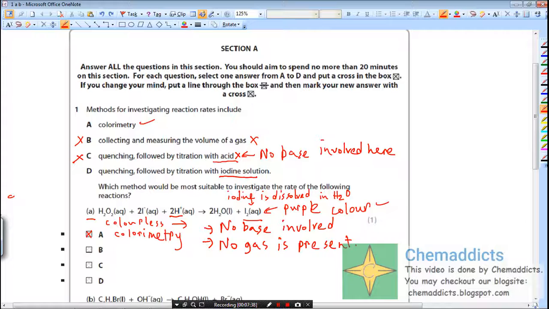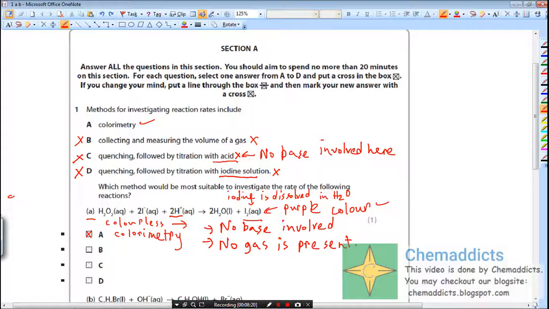Here the product is already iodine, so it is worthless to titrate this with iodine solution. Iodine solution is already present here, so it is meaningless to titrate it against iodine solution. So that's why option D is incorrect.